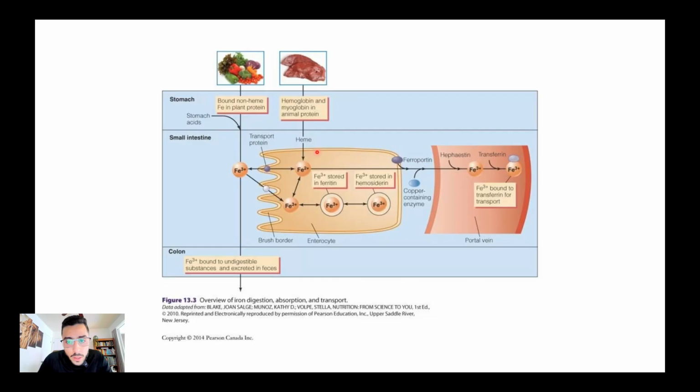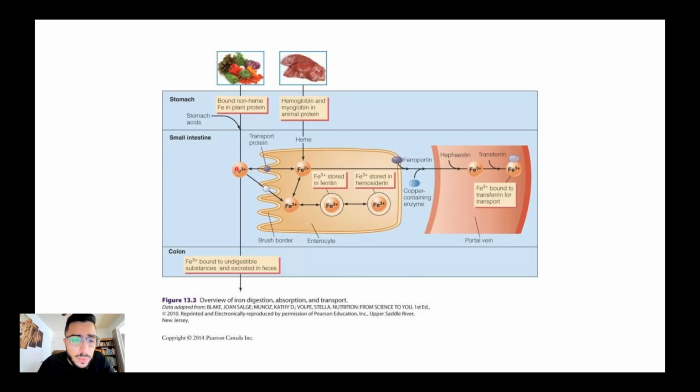Okay, so very quickly, iron can come from two places, as I told you. If it comes from the vegetables, the non-heme iron will be broken down by stomach acid, and that will release the ferric iron.